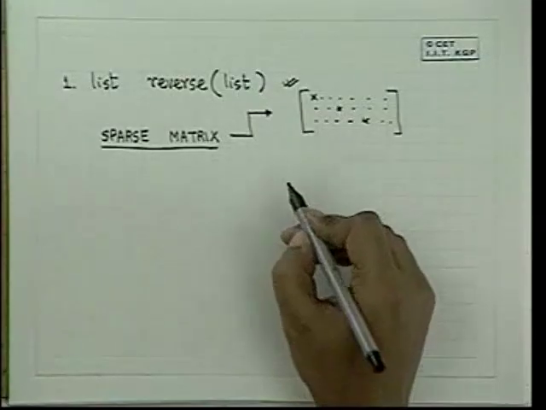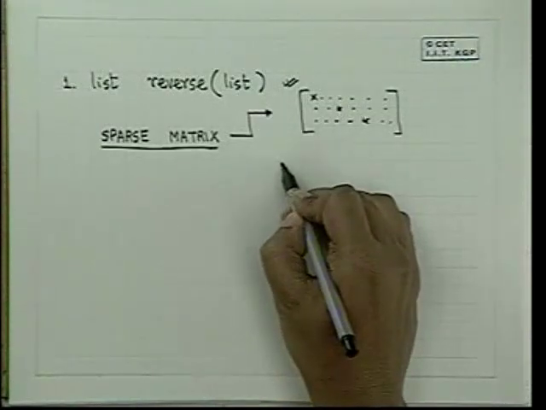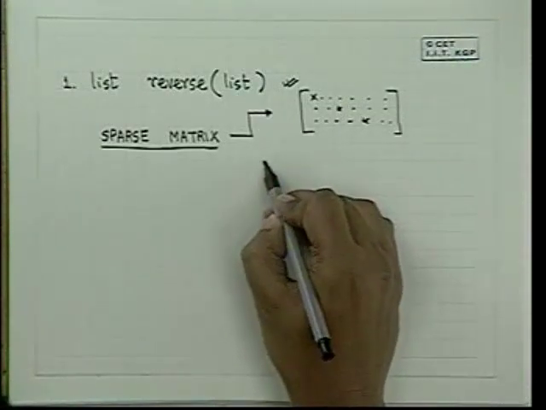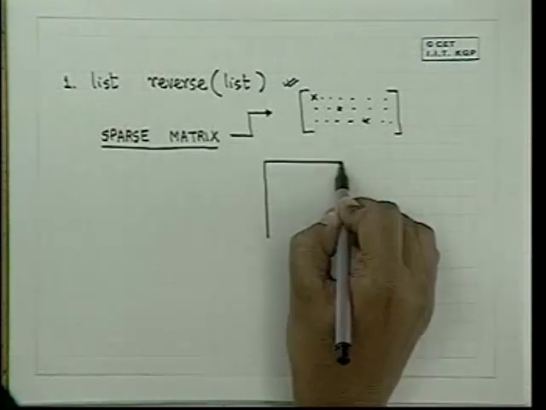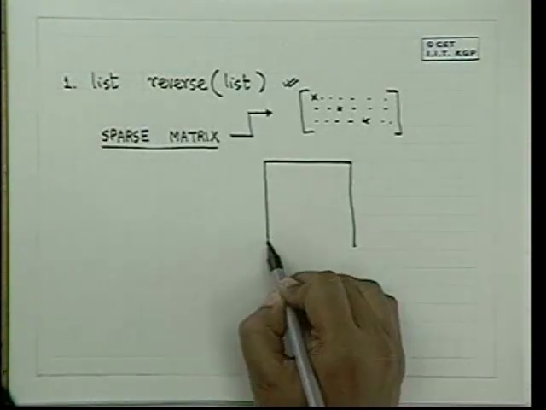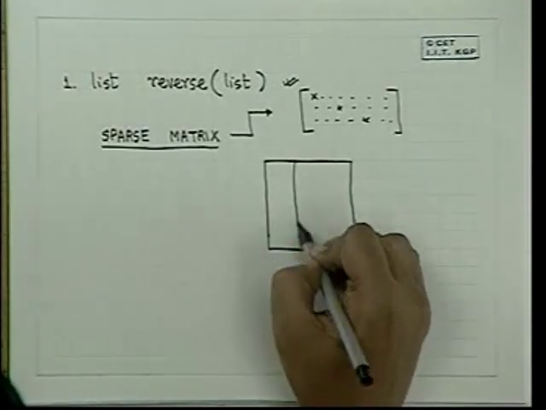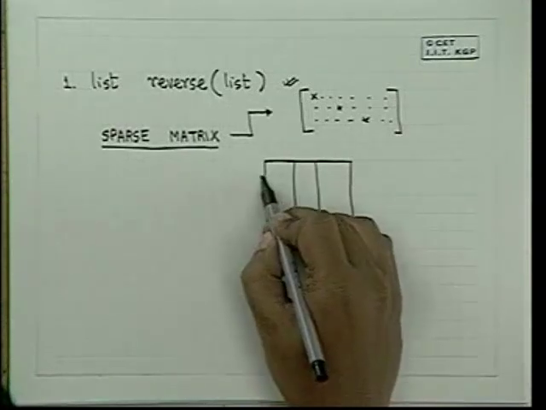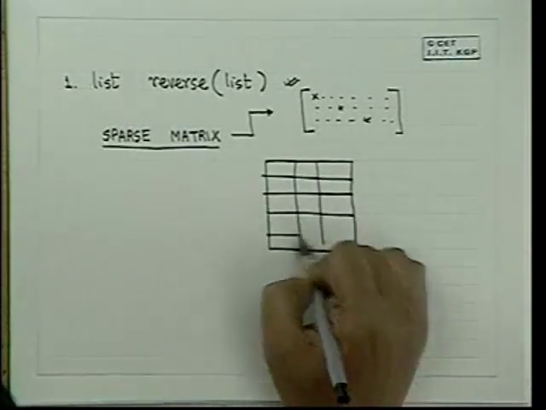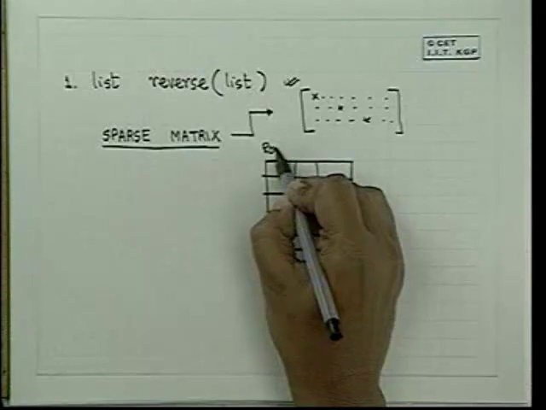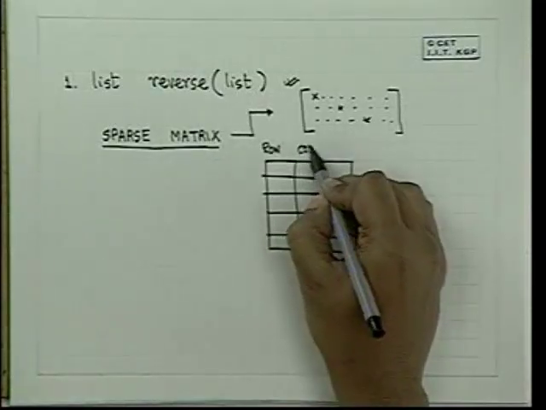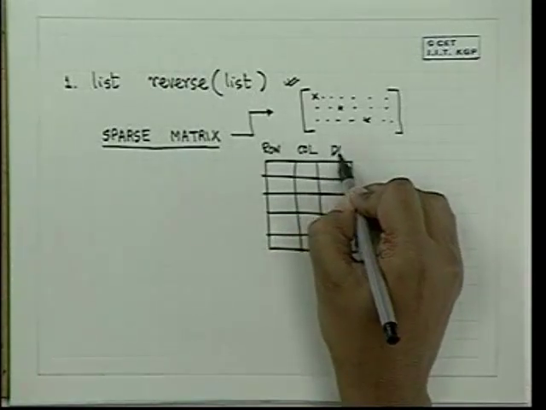One method which all of us may know easily is we store up the elements in the following conceptual structure. Row number, column number, and data.